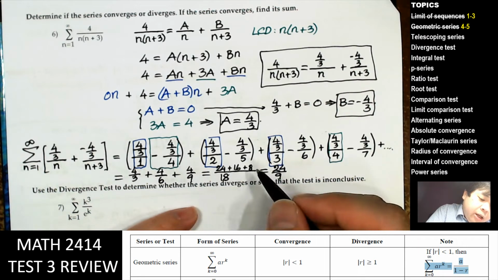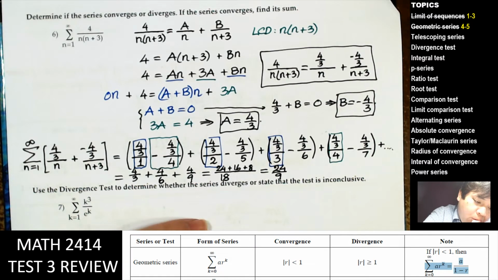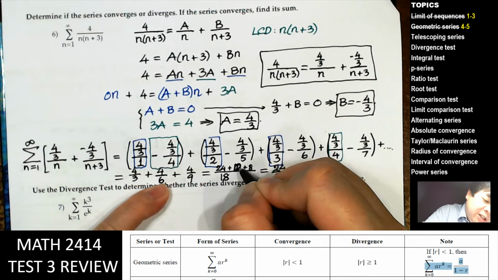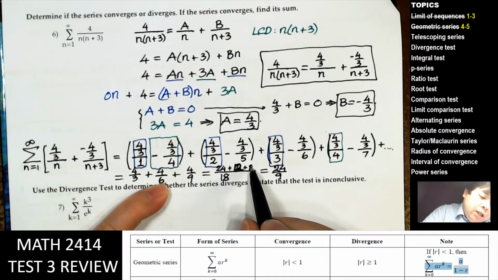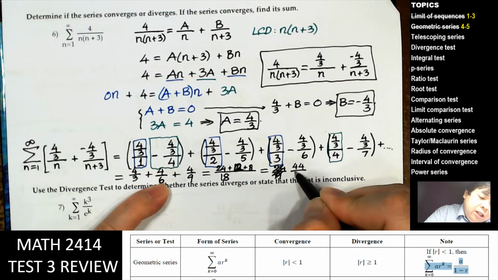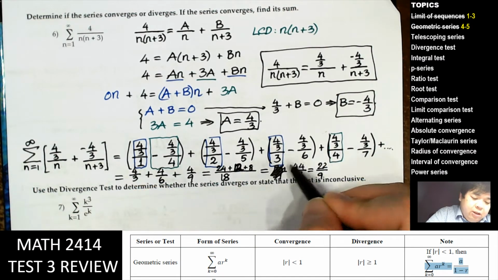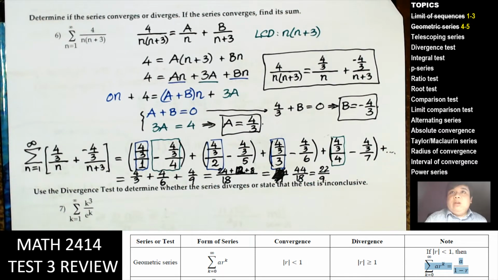Sorry. Just this multiplied by 3, so this will be 12. So that is 44 over 18, which is 22 over 9. So those three terms remain. Everything else cancels out. So that is a typical telescoping series.